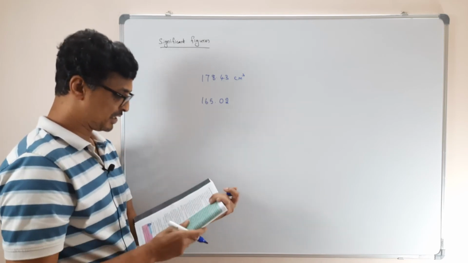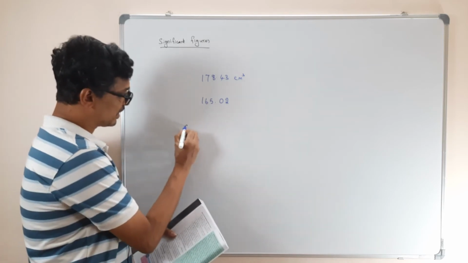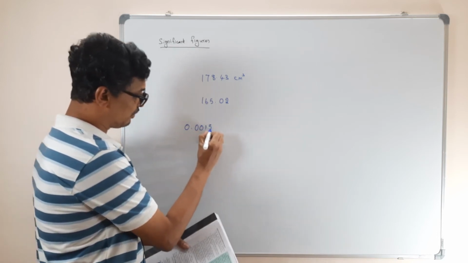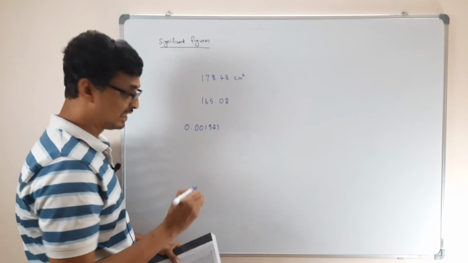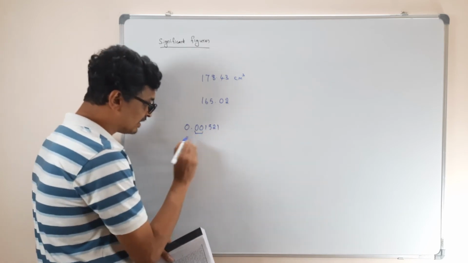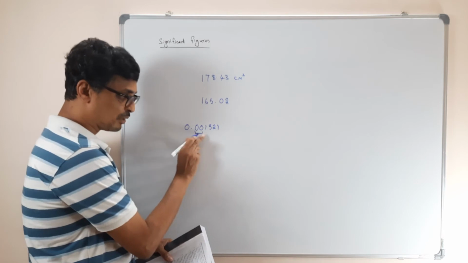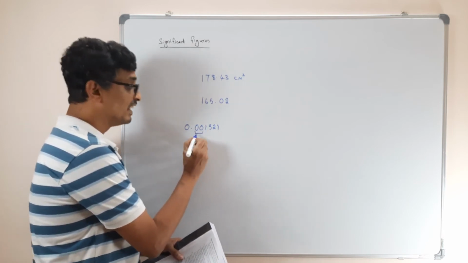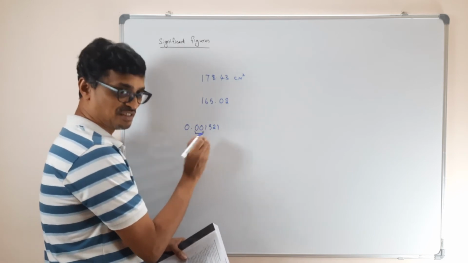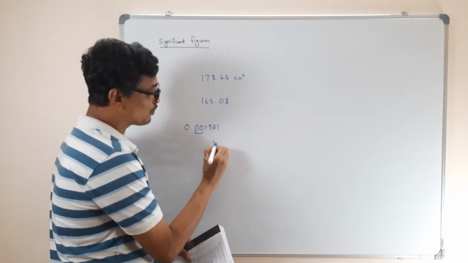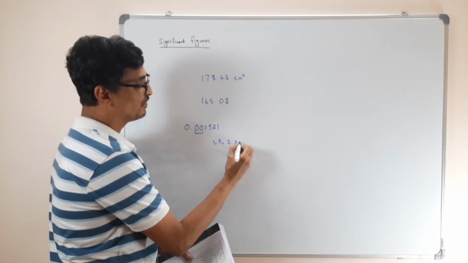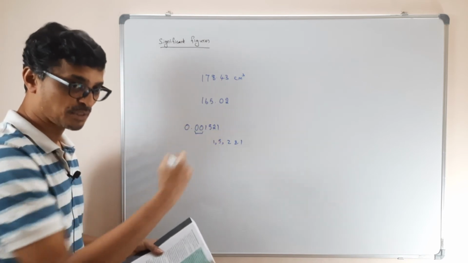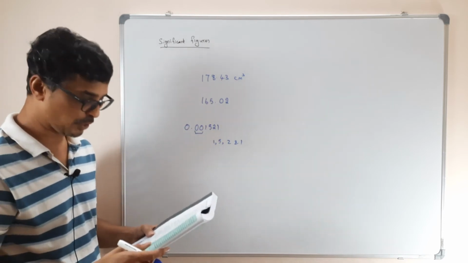So if you have a measurement like 0.001521, the zeros to the right of the decimal point and before the first significant figure are non-significant. Here the significant figures are 1, 5, 2 and 1. How we are going to represent the number in scientific notation, we will come to that.